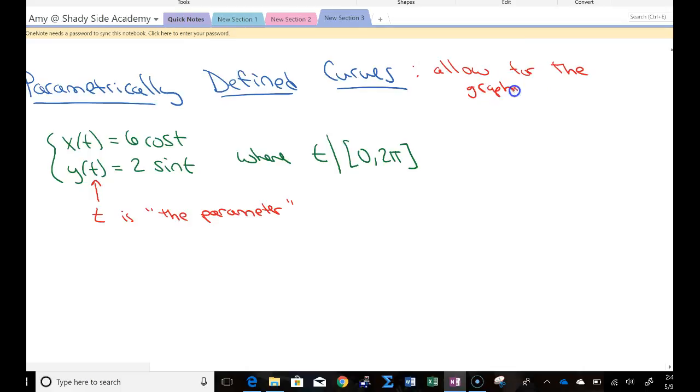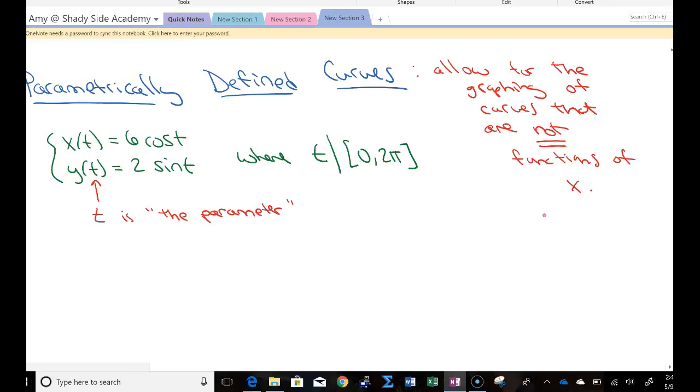I'm going to guess functions. Yes. When you describe curves parametrically, that allows us to graph curves that are not functions of x, which means they are not curves that pass the vertical line test.